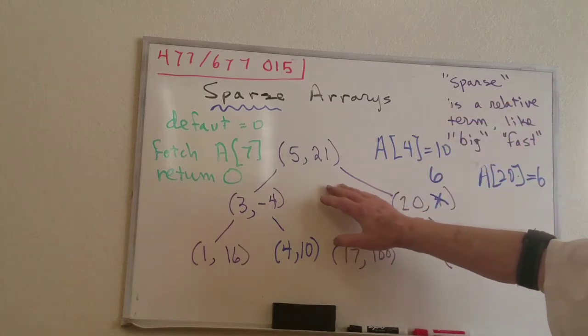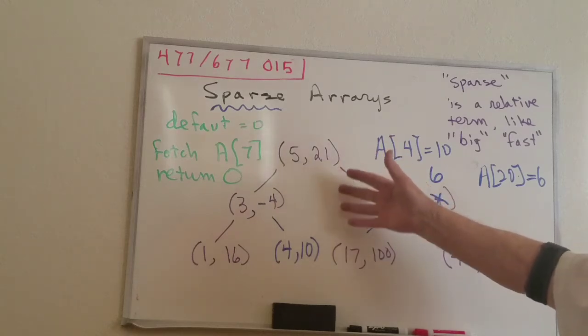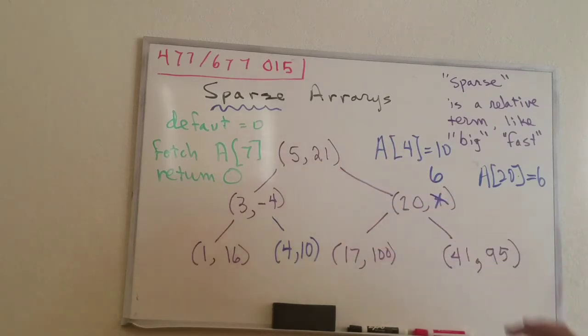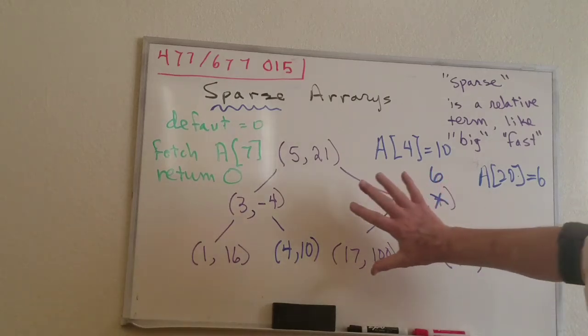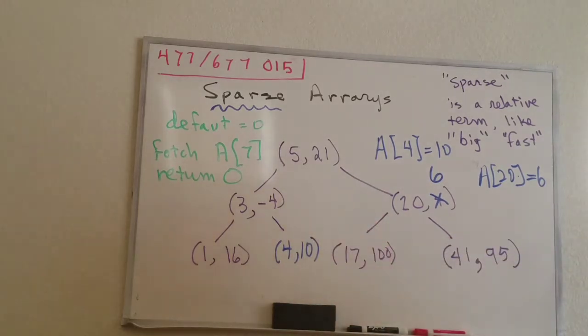But in this case, using this technique of storing pairs into a search structure, we would think of it as sparse if this method of storage is more efficient than storing it just explicitly as an array. So we'll take that as a practical example of what we mean by sparse.